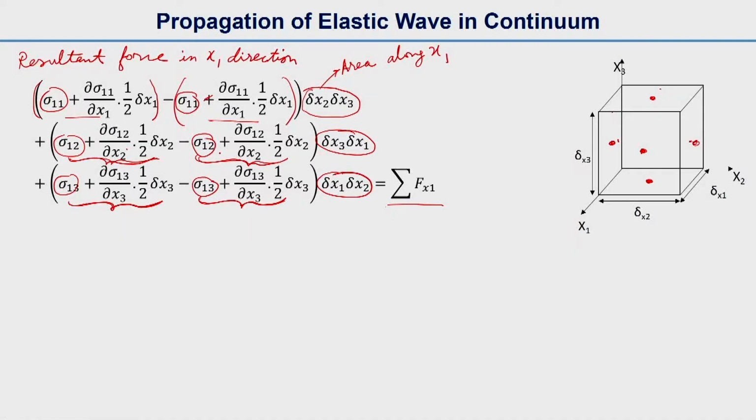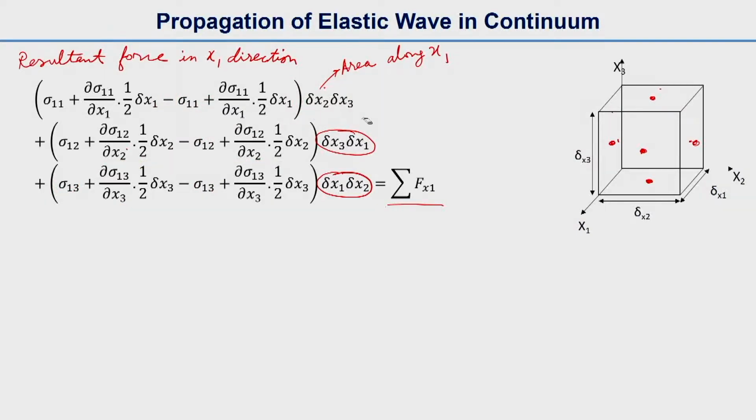and that is equal to the summation of all the resultant forces in x1 direction. Now we want to simplify this equation. How will we simplify? We know that sigma 11 and sigma 11 will cancel out, sigma 12 and sigma 12 will cancel out, sigma 13 and sigma 13 will cancel out.